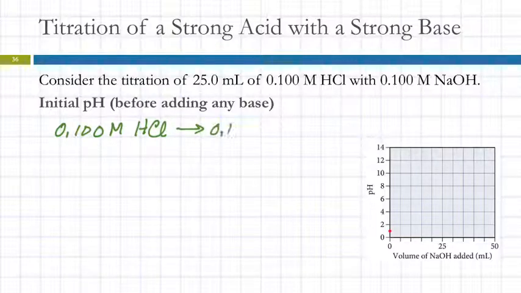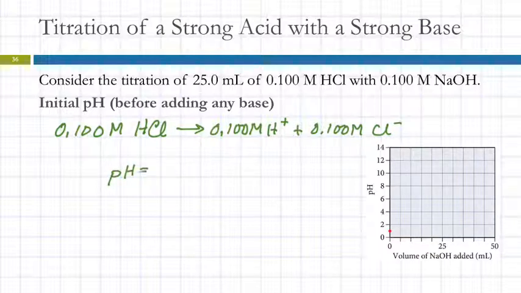So it's going to make 0.100 molar H plus and 0.100 molar Cl minus. So pH then is the negative log of 0.100, or 1. The concentration has 3 significant figures, so I'm going to say that the pH is 1.00.